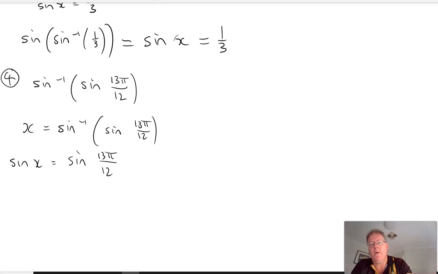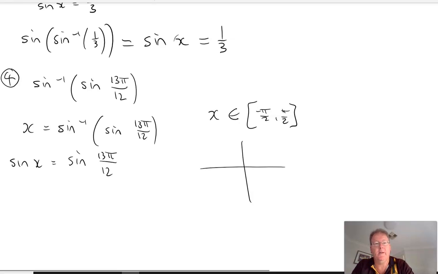However, we know that our domain has to be between minus pi on 2 and pi on 2. So where's 13 pi on 12? Well, if we draw our ruler, 13 pi on 12 is actually down here in quadrant 3.